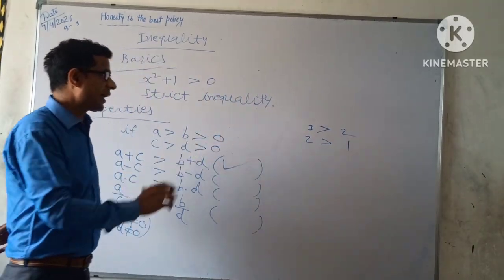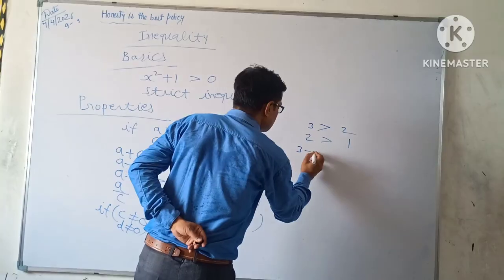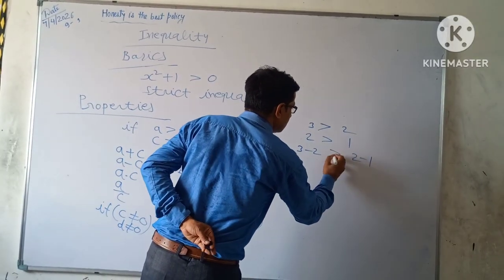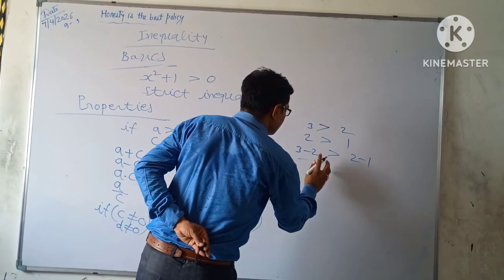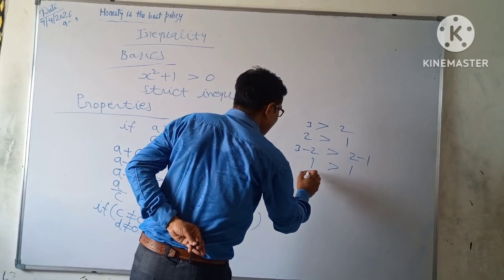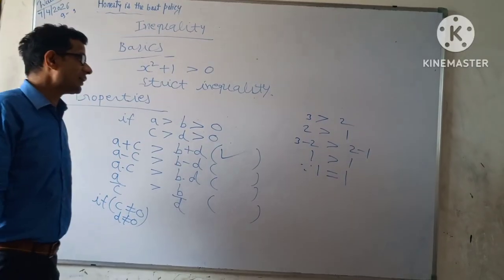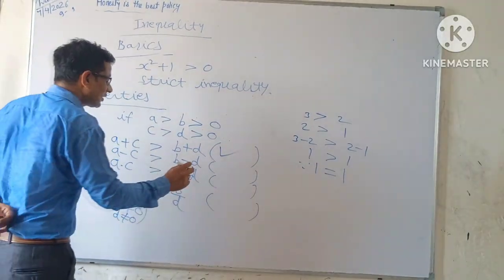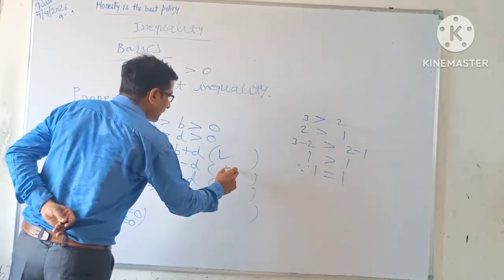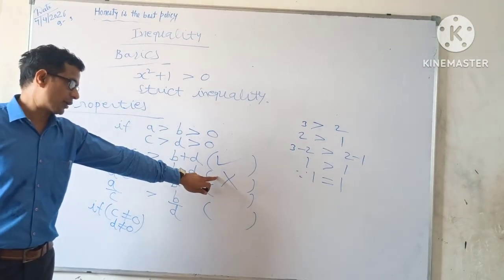If we subtract now, we will find that 3 minus 2 and here 2 minus 1. So 1 greater than 1, which is not true, because we know that 1 is equal to 1. So we cannot subtract again. If both are positive, even then we cannot subtract two inequalities.